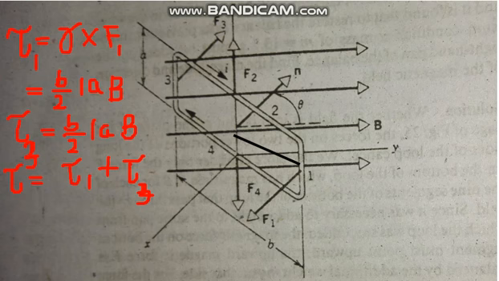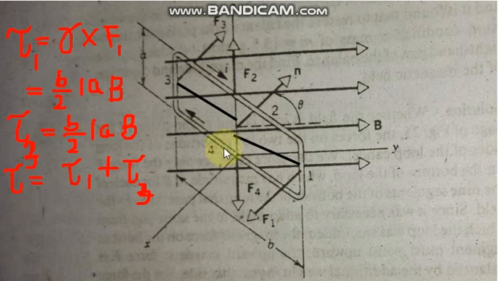R is the perpendicular distance between the axis of rotation and the point of application of force. This is our R, and this angle is 90 degrees between R and F. So again, the torque acting on this segment will also be b by 2 into IAB.